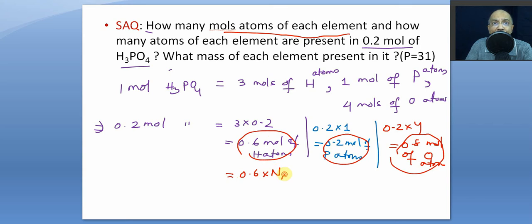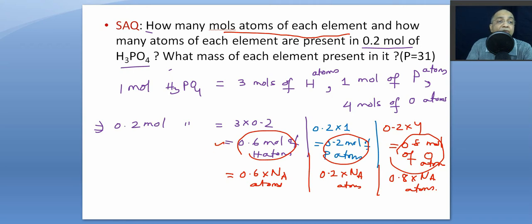You do it at home: write 6.02 into 10 to the 23 and find the number of atoms. And here 0.2 into Na atoms of phosphorus. And here 0.8 into Na oxygen atoms. Once you get the number of moles, everything can be found out.